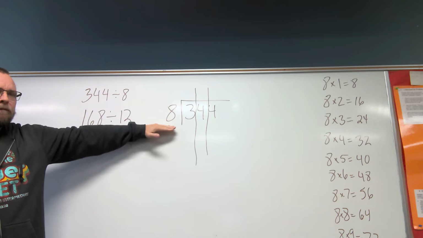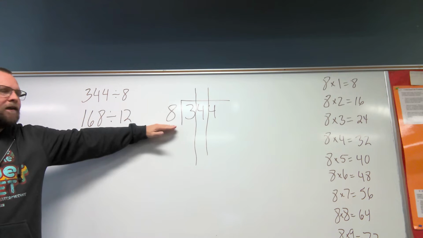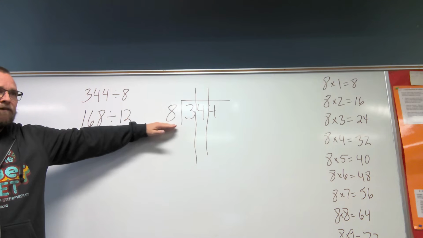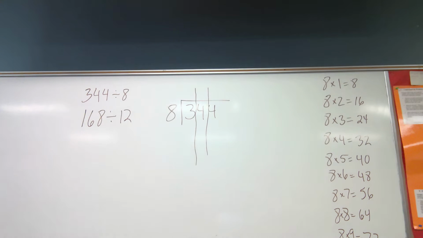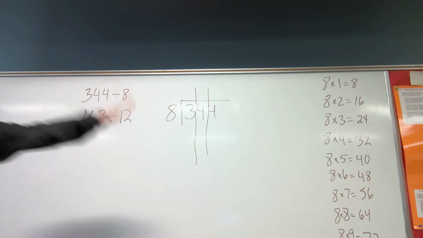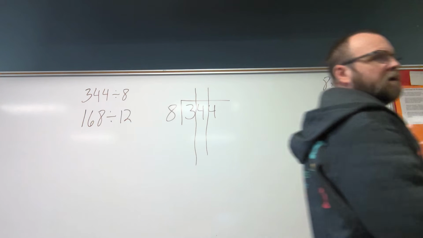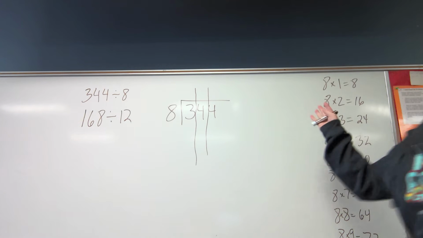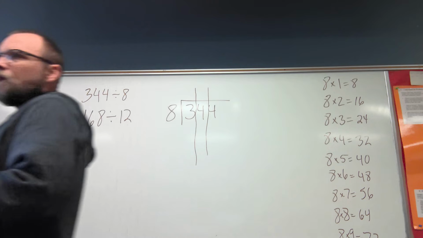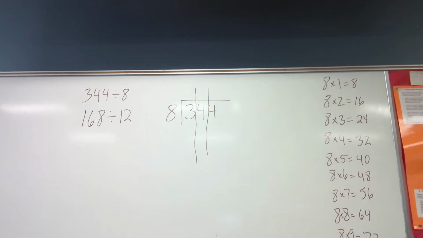Nope, can't. 7. 7 is the biggest remainder I can have, because if I have 8, then I can go up one more in my quotient. So 7 is the biggest number I can have as a remainder or after I subtract. I can't have a number bigger than 7.